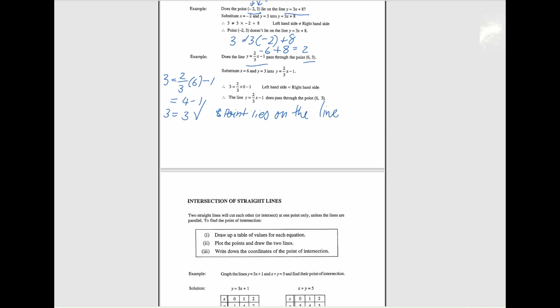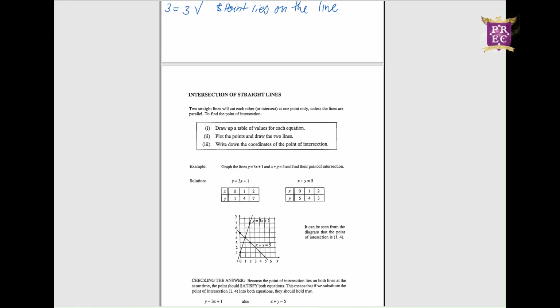Let's keep going. Intersection of straight lines. To find out if two lines are intersecting each other, what we need to do is substitute a value from here to here. Let's do the first one, for example. So we know that y is equal to 3x plus 1, and we've got the relation over here, x plus y is equal to 5.